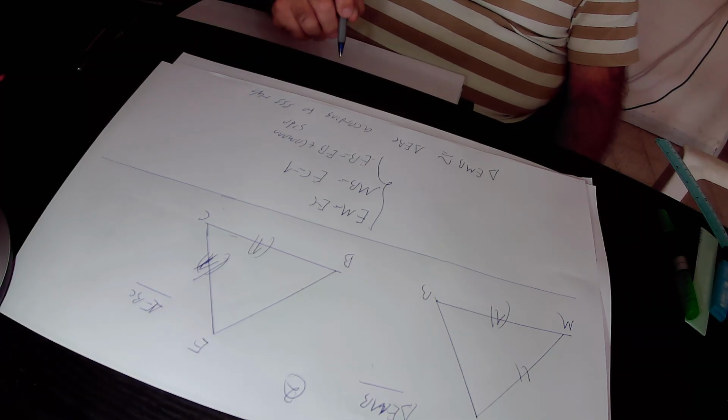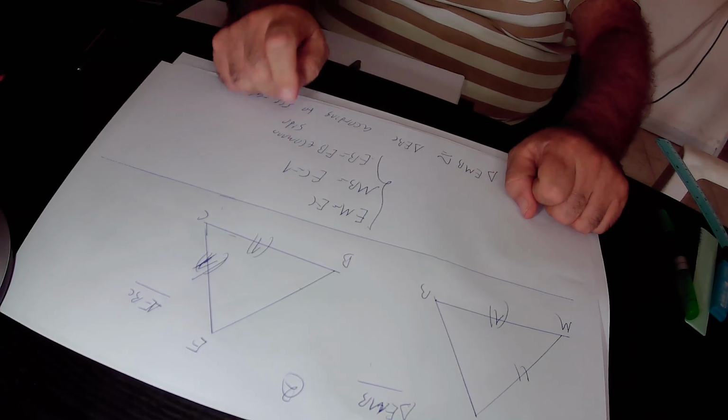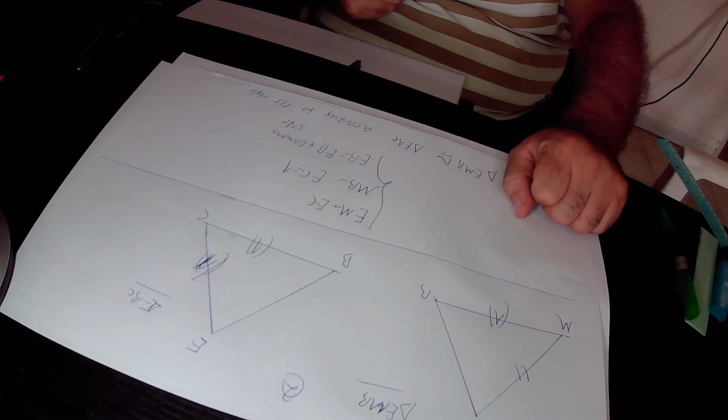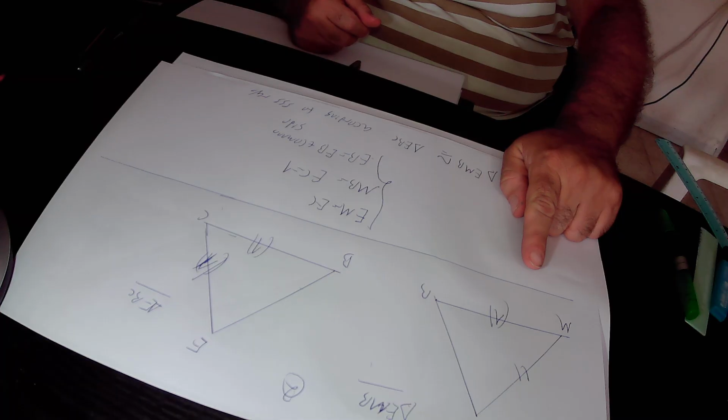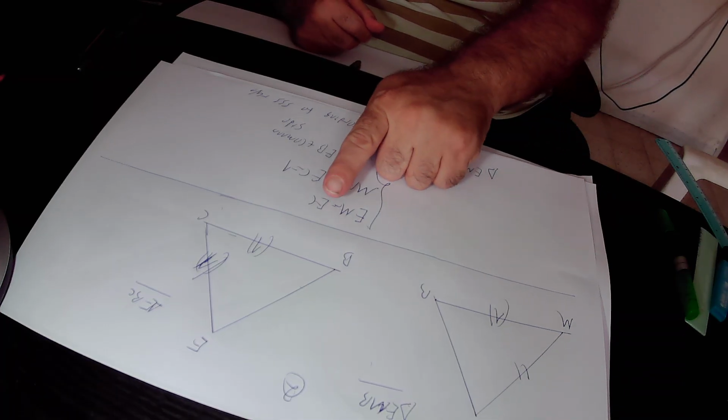From the fact that they can go into each other, we get that they also have the same areas. That is to say, the area of EMB is equal to the area of EBC.